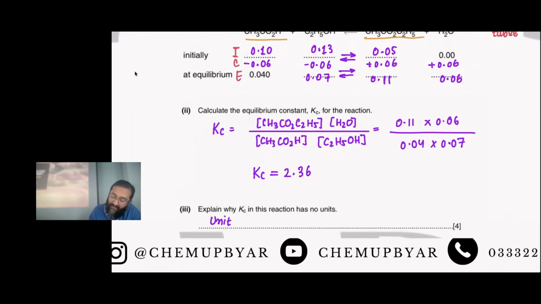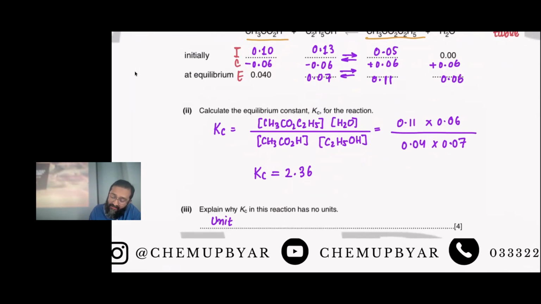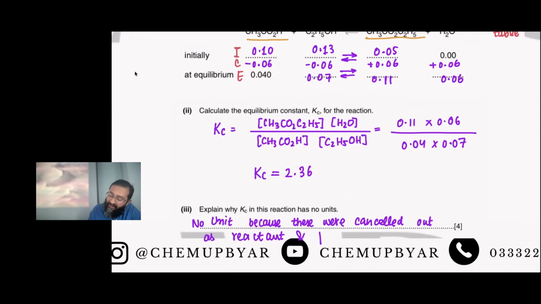Units: no unit, because these were cancelled out, as reactants and products have an equal number of moles.